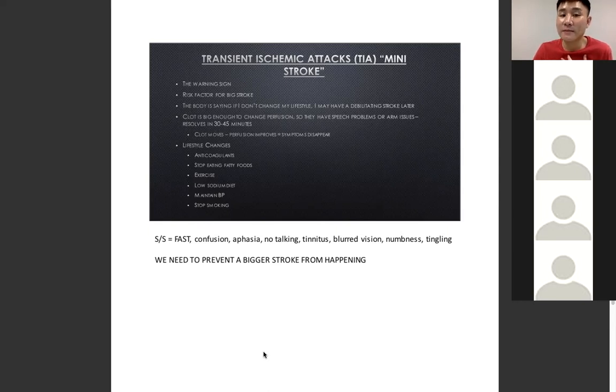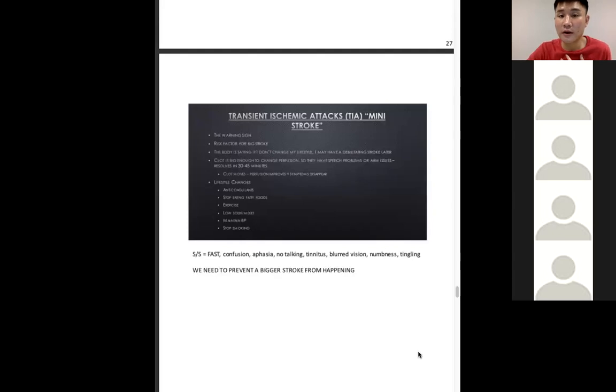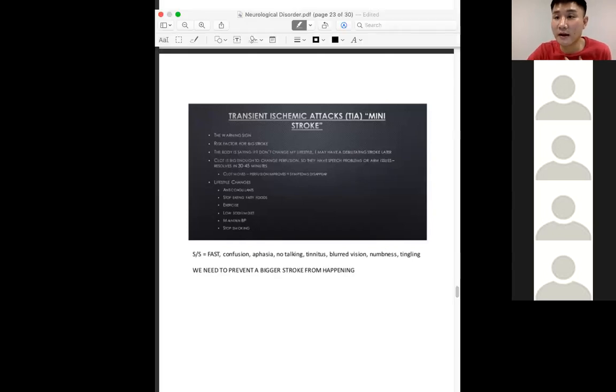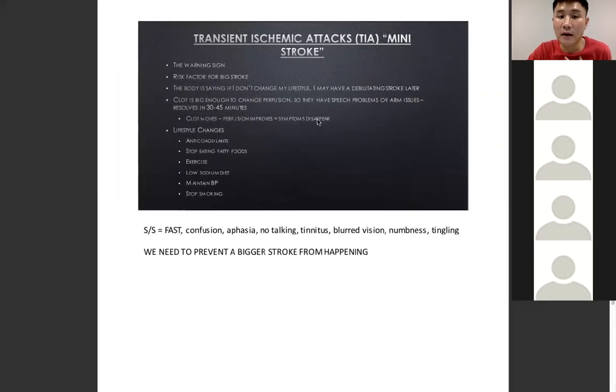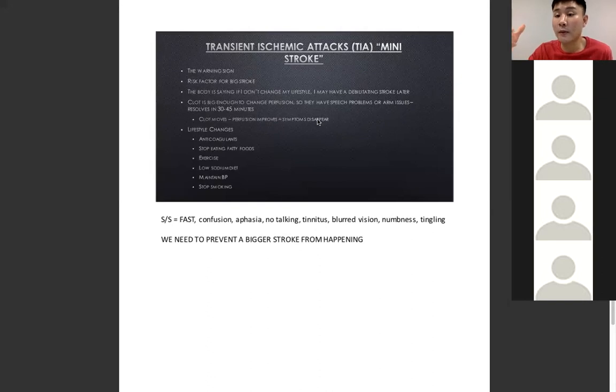So the clot is big enough to change perfusion. So they have a speech problem or arm issues that may resolve in 30 to 45 minutes. That's a stroke. It doesn't have to be to the point where the patient is unconscious or unable to move their arm; having a facial droop can also be a sign and symptom of stroke.